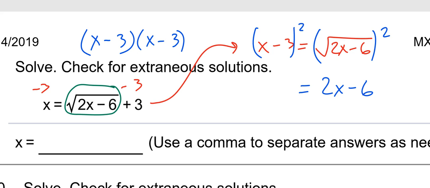X squared is involved, yes. Which way do you like to do your FOIL? Do you like to draw arrows? Do you like to do a box? Do you like to line them up over the top of each other? Arrows? Well, then start drawing arrows. X times x, x times negative 3, negative 3 times x, negative 3 times negative 3. Whichever way you like to do it, I don't care.